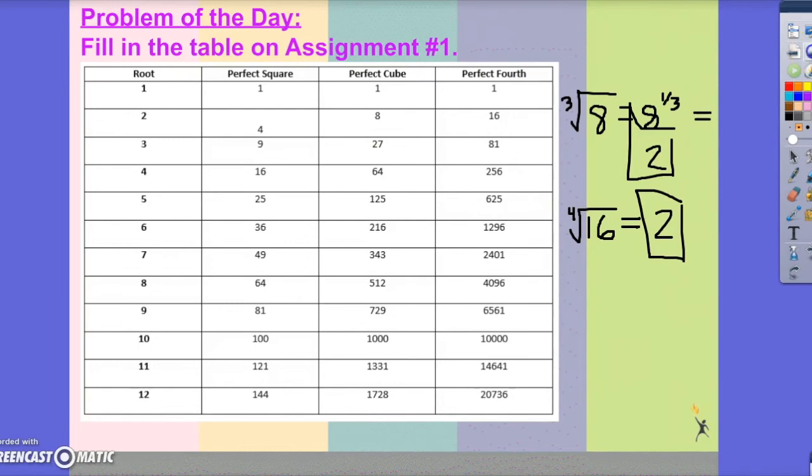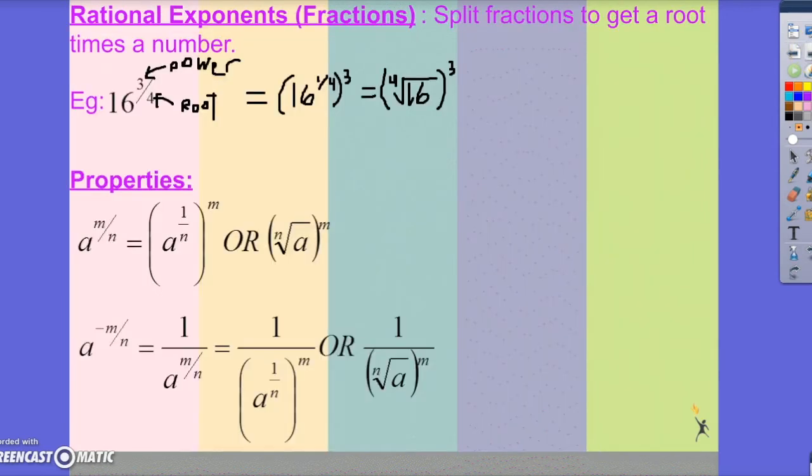It's 2, right? So that now becomes 2 to the 3rd, which is 2 cubed, 2 times 2 times 2, is now 8. So this is how you evaluate rational exponents of fractions.